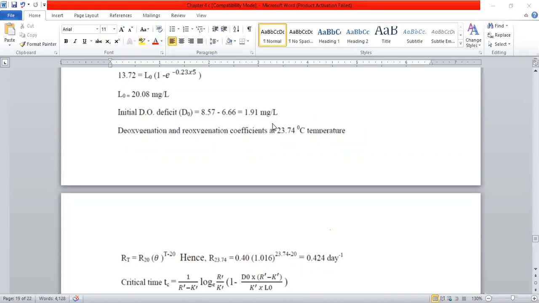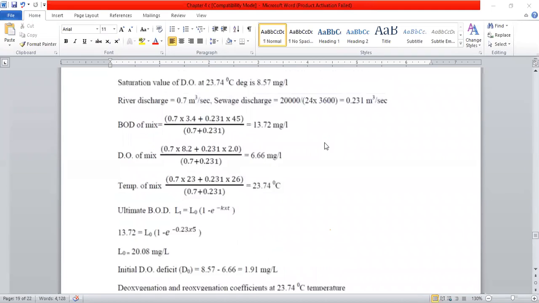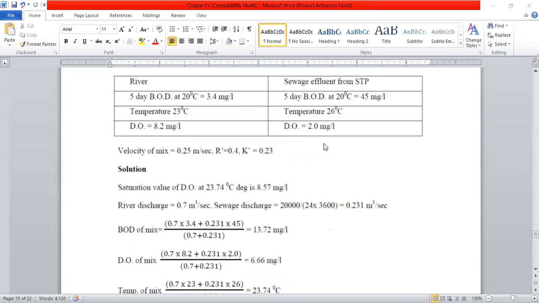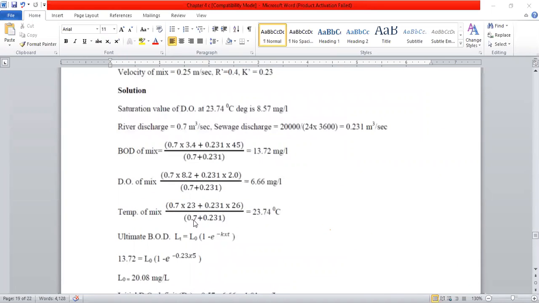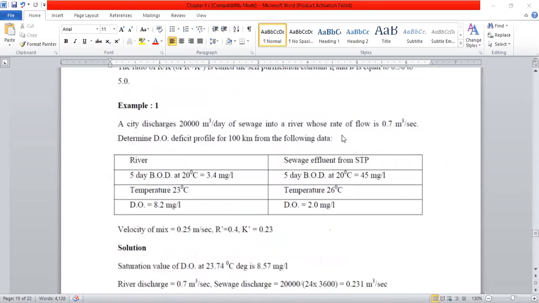Okay. Then we'll turn towards the deoxygenation and reoxygenation coefficients at 23.74 degrees Celsius temperature. Why 23.74 degrees Celsius? Because the mixed temperature is 23.74 degrees Celsius, the actual temperature of river is 23 degrees Celsius and sewage temperature is 26 degrees Celsius.